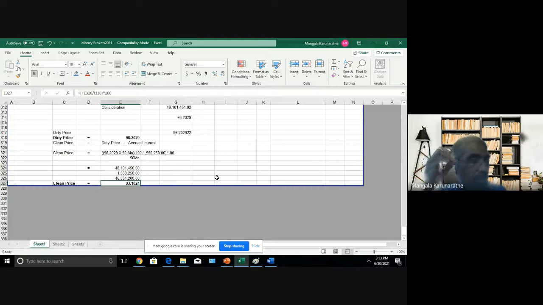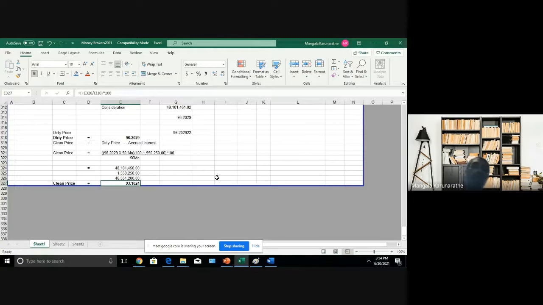Now if you calculate capital gain out of this, suppose you sell this bond later on, definitely you will be selling it at a different price, right?